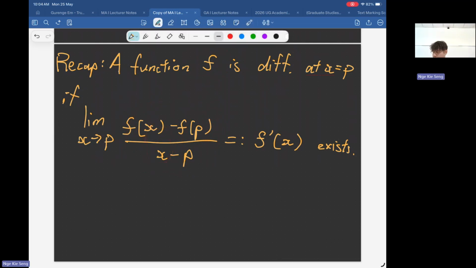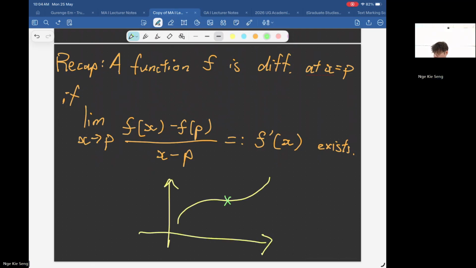Do you still remember the picture? I've got a function here. That's why we look at the gradient of the nearby secants.